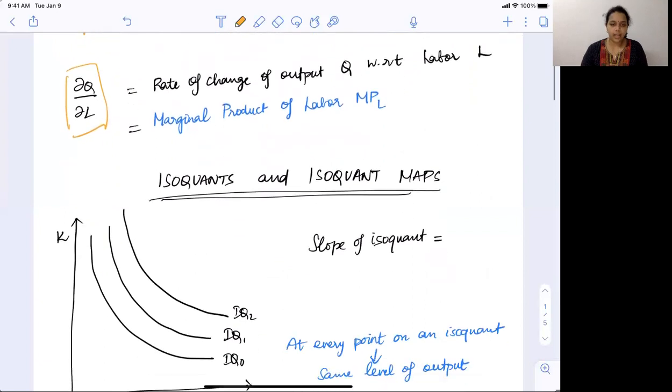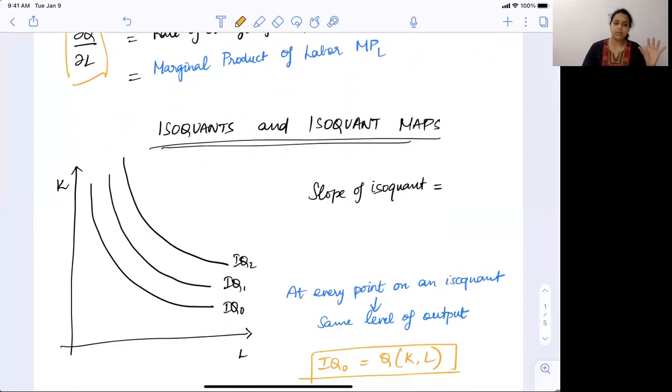So right here, what I have is an isoquant map, which is just a series of isoquants. Just like in the indifference curve case, every isoquant represents a particular level of output, and any combination of K and L on a given curve will give you the same level of output.